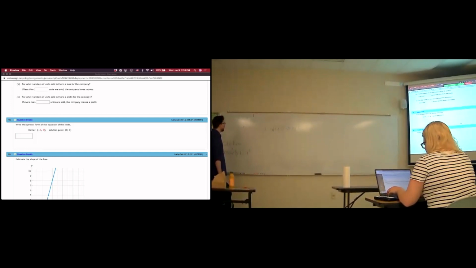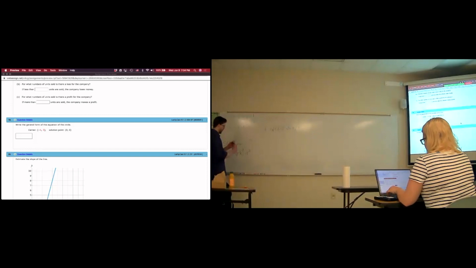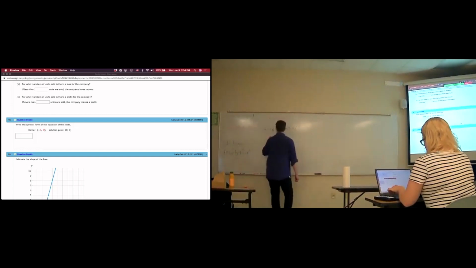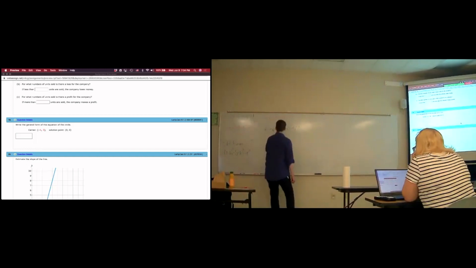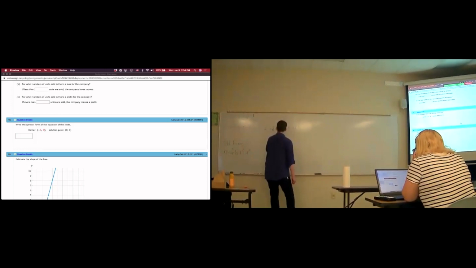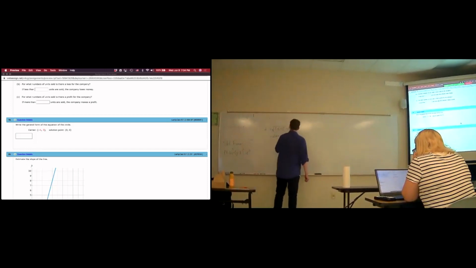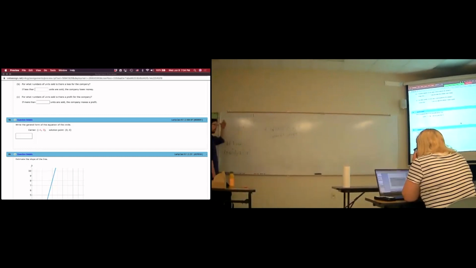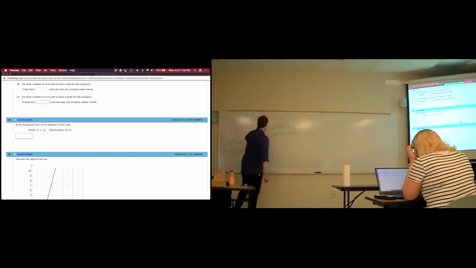If you did it the opposite way, like I did, so my point is negative 3, 5, so I did it like 0 minus negative 3, 0 minus 5. Does that matter? Should still end up with the square root of 34, right? Okay, so this is going to be our radius.